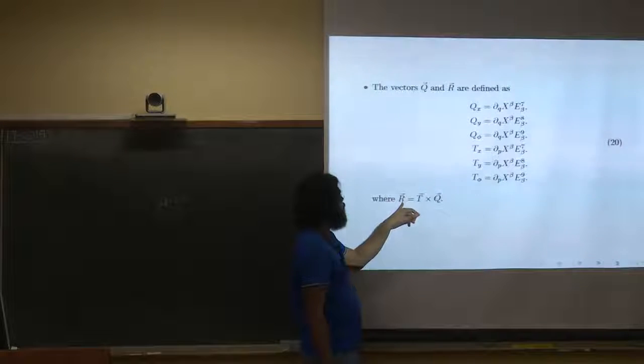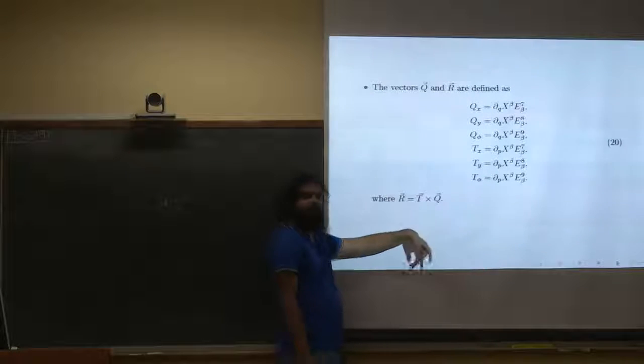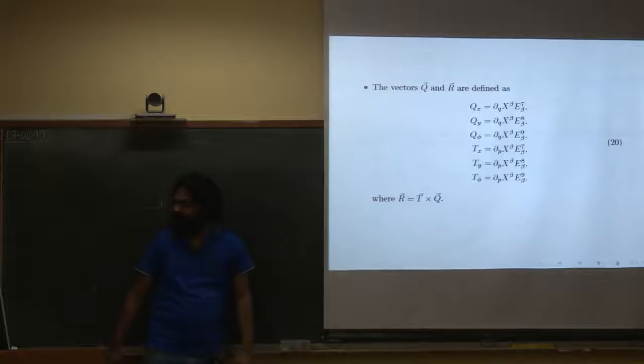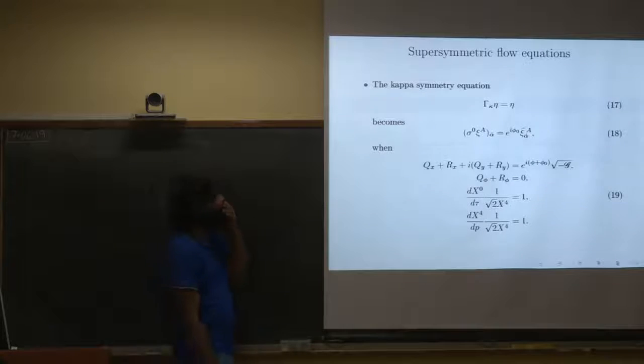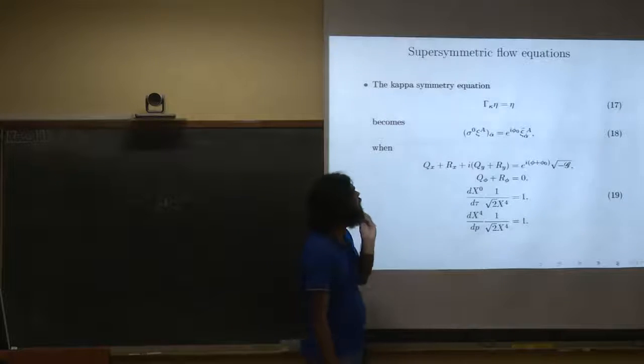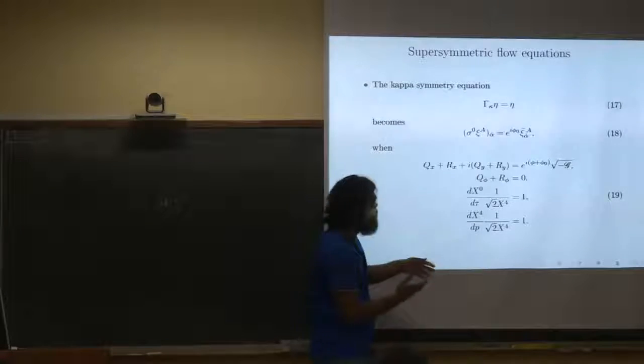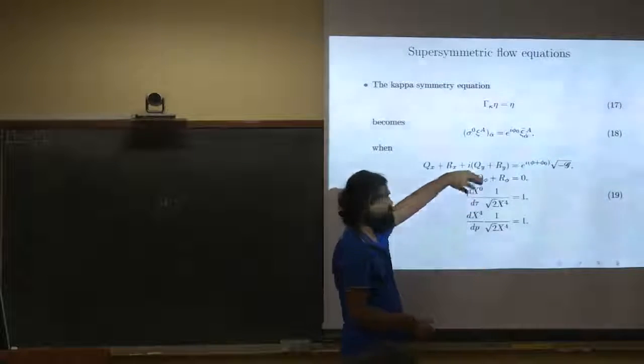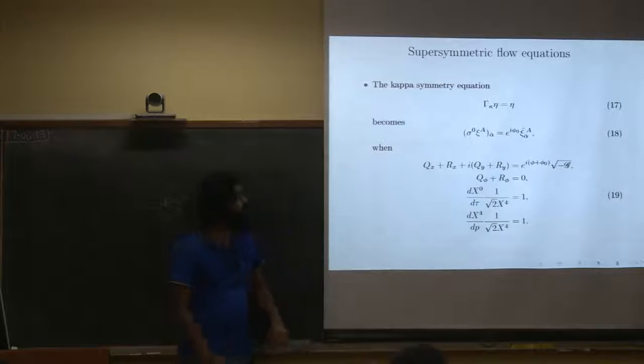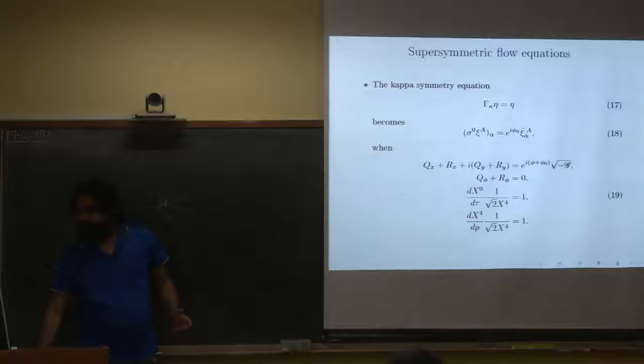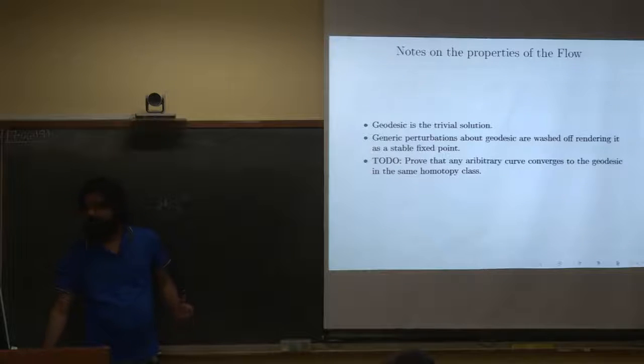And then now we take the R vector as T cross Q. So now it becomes a simple high school equation. Even if we don't know about complex numbers, we can write them as a set of three equations. So these are the essential flow equations that we found.